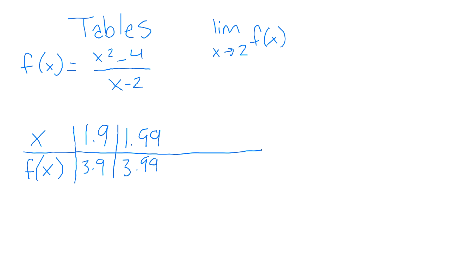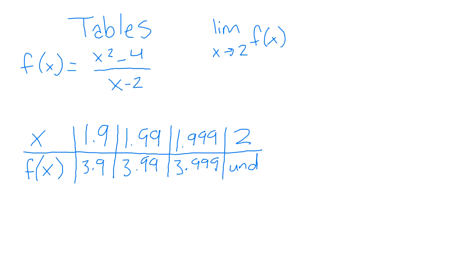A little closer, 1.999, and there we get 3.999. Now let's see what happens when we are at x equals 2. Like we said earlier, at x equals 2 we get a 0 in the denominator, so our function would not be defined at that point. We'll just write undefined.